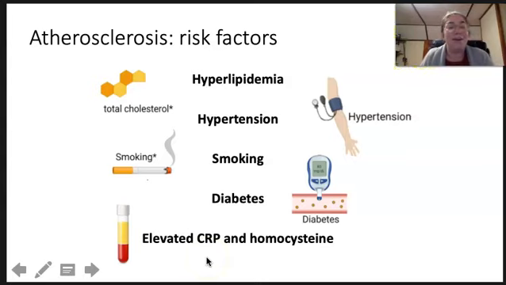And so again, inflammation is heavily involved in atherosclerosis. And then another sort of blood test chemical indicator is high or elevated levels of homocysteine, which is a form of an amino acid, and high levels correlate with an increased risk for atherosclerosis.